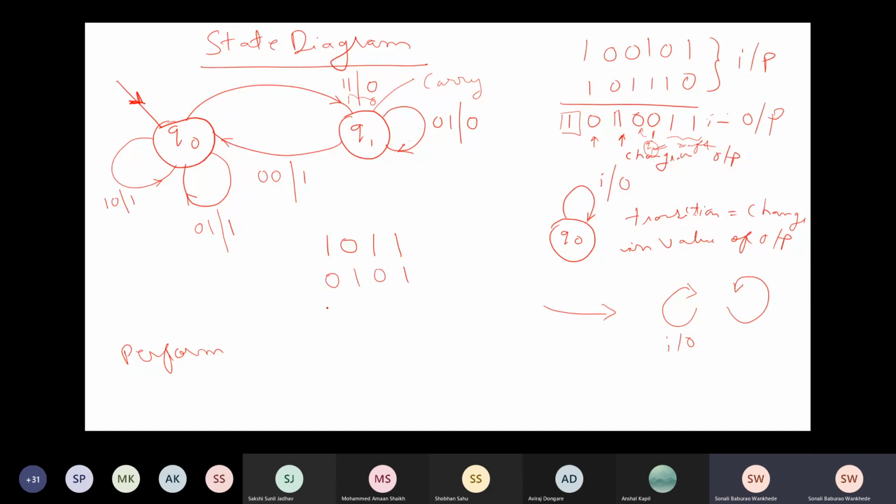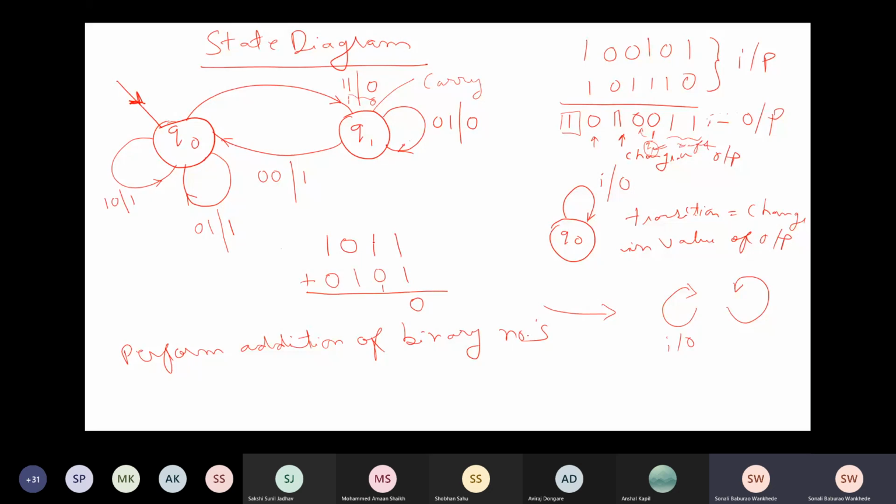Perform addition of binary numbers. So what will be my answer here? 1 plus 1 gives you 0, right? One carry is generated.